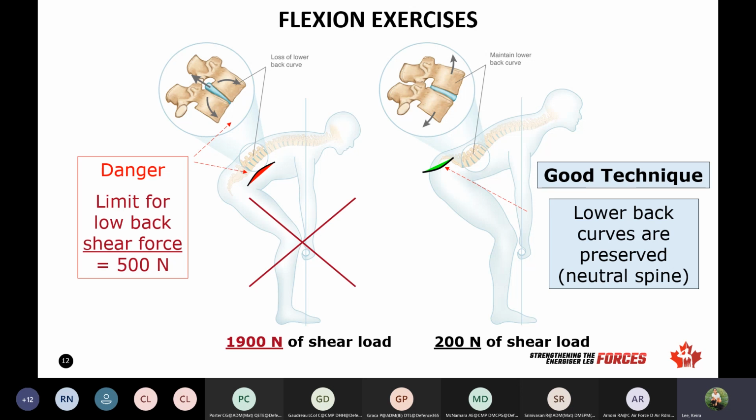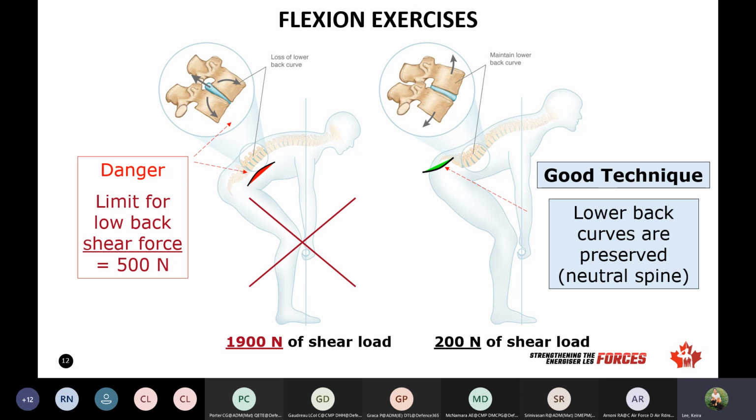So in the first picture on the left, we can see the person executing the exercise with a round low back. Okay, we can see that red arch in their low back. And that creates roughly 1,900 newtons of shear force on our spine structures. So it's not only putting a lot of stress on your spine, but we could easily minimize this using correct posture during this movement.